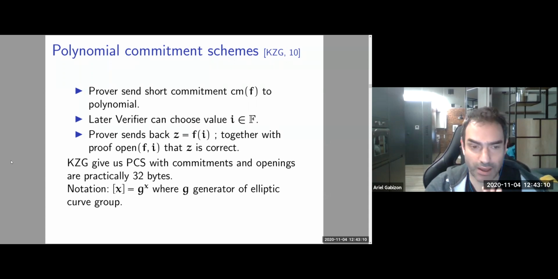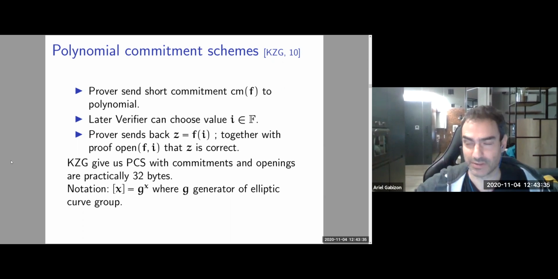So, a bit imprecisely speaking, practically, this KZG polynomial commitment scheme gives us both commitments and opening proofs that are only, in practice, 32 bytes long.